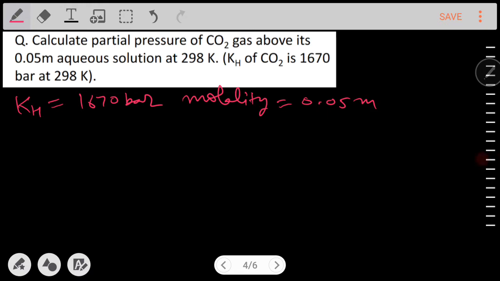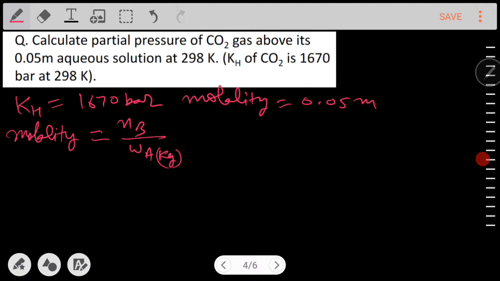Now how to extract the required information from molality? I've told you that we have to assume the denominator of the formula of molality in such a way that the numerator becomes equal to the given value. So write the formula for the molality. Molality is Nb upon Wa in kg.